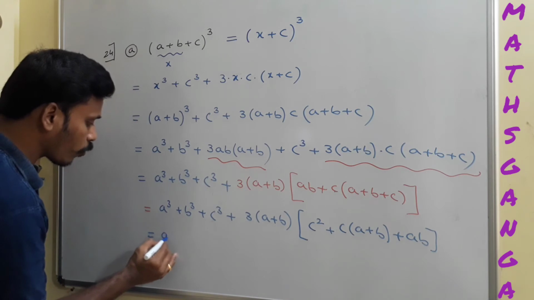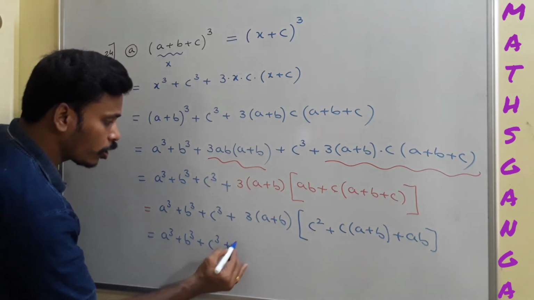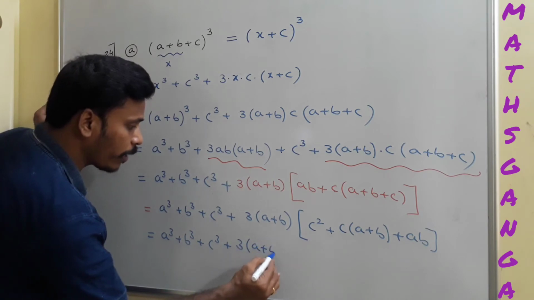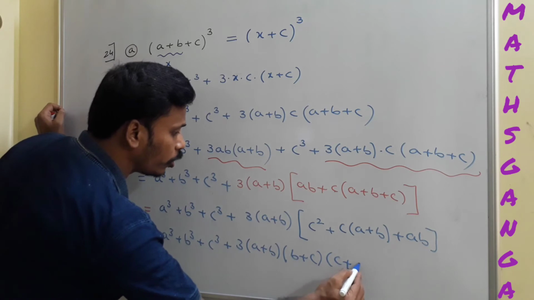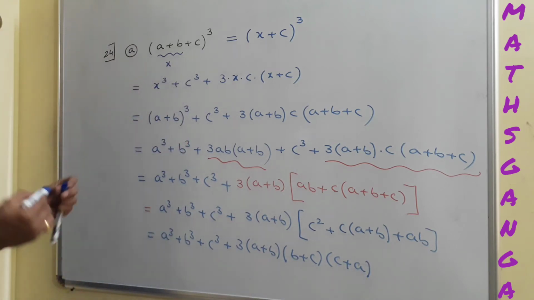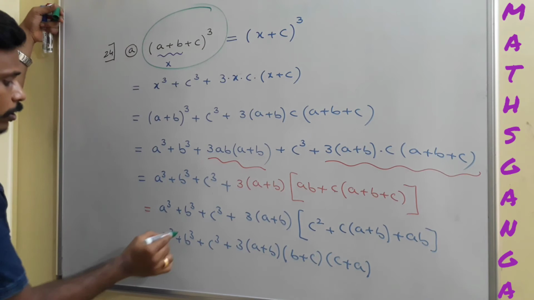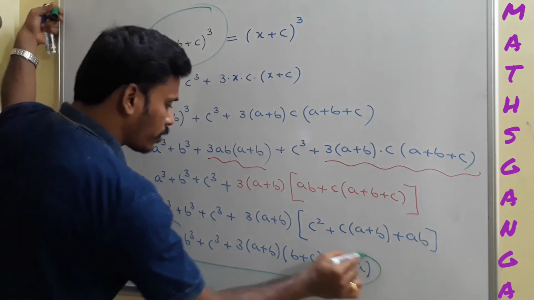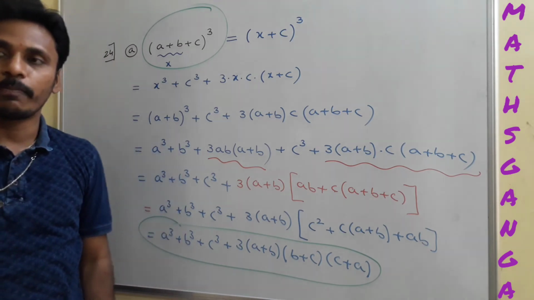In the same way, this is a cube plus b cube plus c cube plus 3 times of a plus b into, that product is nothing but b plus c into c plus a. At the end, a plus b plus c whole cube is equals to a cube plus b cube plus c cube plus 3 times of a plus b into b plus c into c plus a.